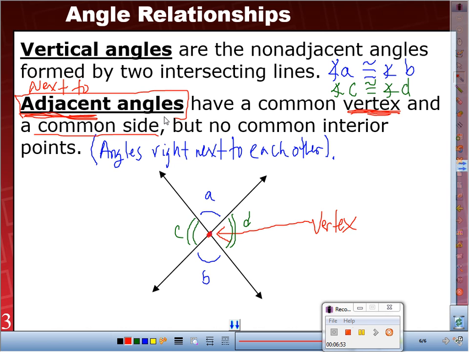Adjacent angles are angle C and angle A. Look at C. What's next to C? Next to A. But somebody said B, so we can also say that angle C is adjacent to angle B. Everybody with me? Copy that, please.